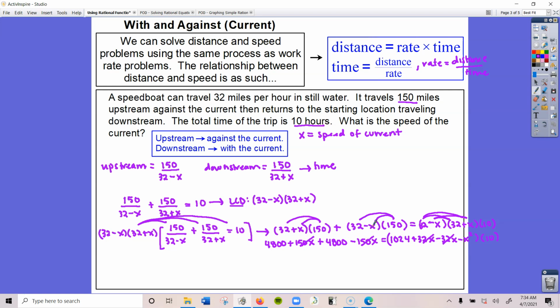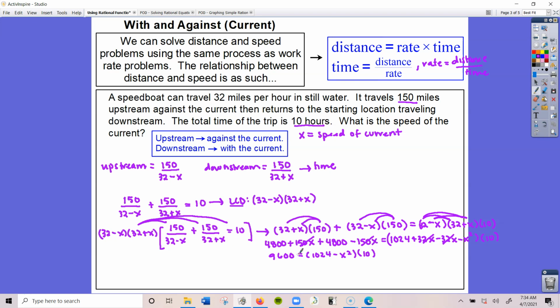So I'm going to simplify this a little bit. We have 4,800 plus 4,800, which is 9,600, is going to equal 1,024 minus x squared times 10.